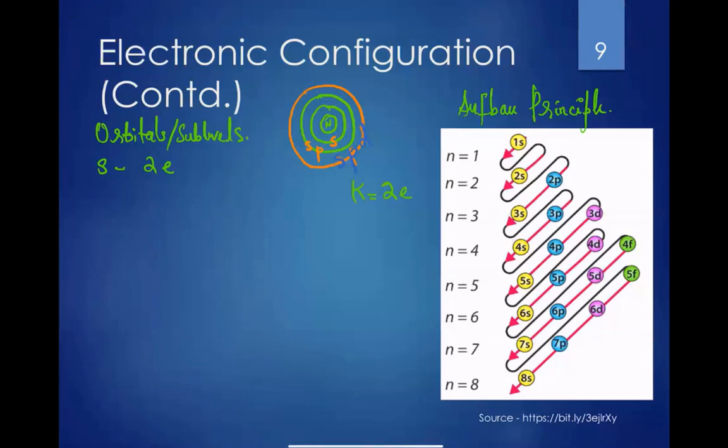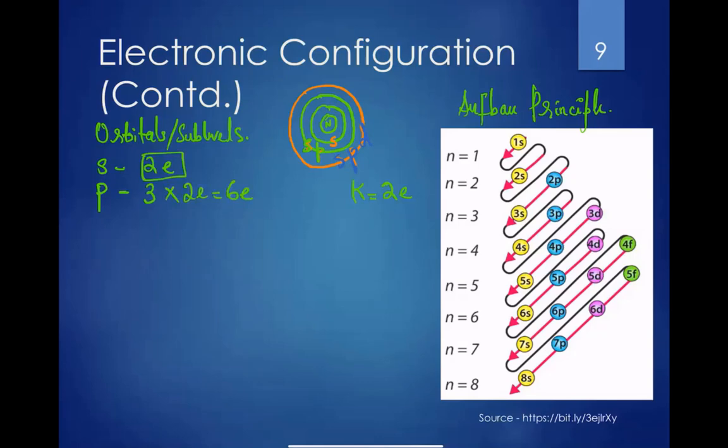Now, in the second level, you have 1s and 1p. P has 3 orbitals, and each orbital can have a maximum of 2 electrons. So 3 times 2 electrons means 6 electrons.